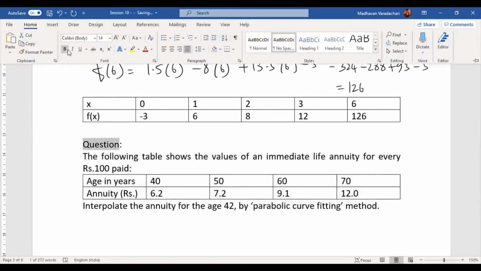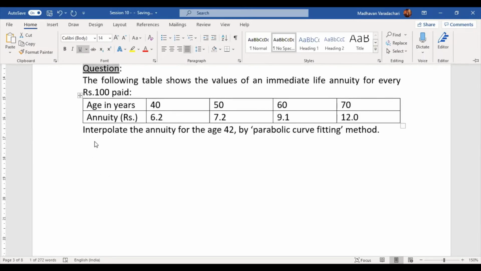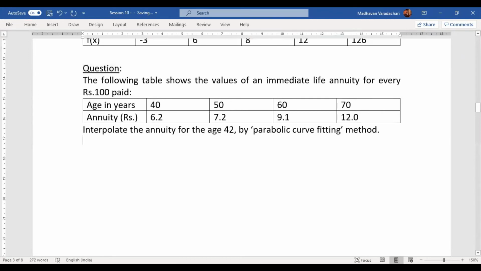So this is the question given. Now let us start with the solution.